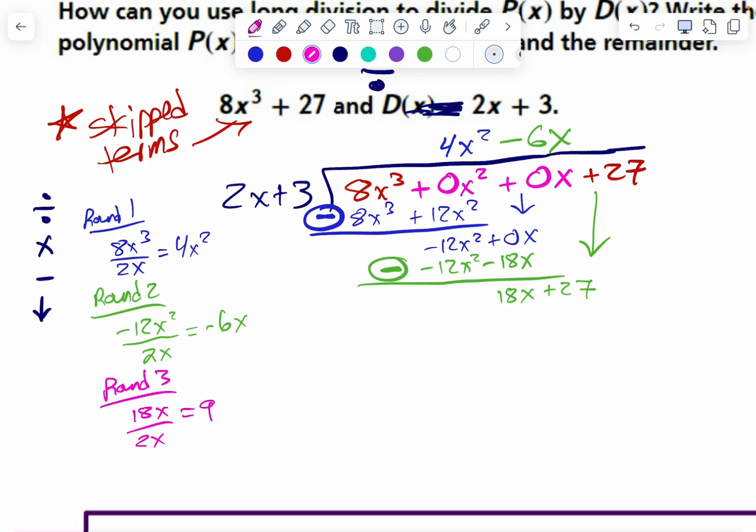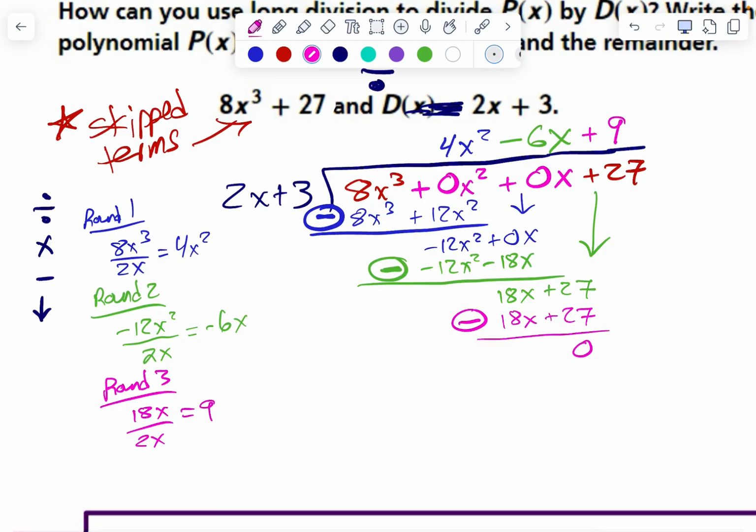In other words, the x's cancel. Okay, so that single number, no x, goes above the single number in our polynomial. Now we multiply all the way over. 2x times 9 is 18x. 3 times 9 is 27. And now we subtract. And we get 0.